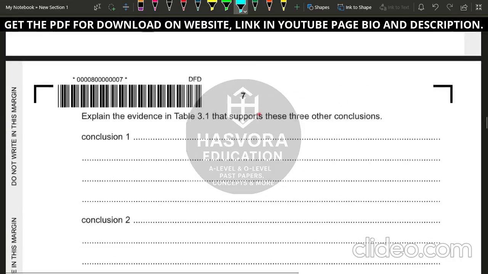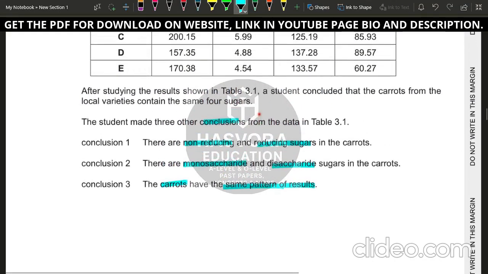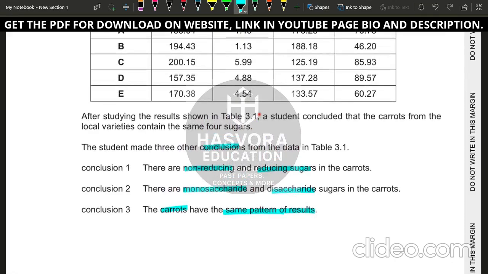First of all, the first conclusion is that there are non-reducing sugar and reducing sugar present in the carrots. What are the non-reducing sugars? You only have one non-reducing sugar, which is sucrose.